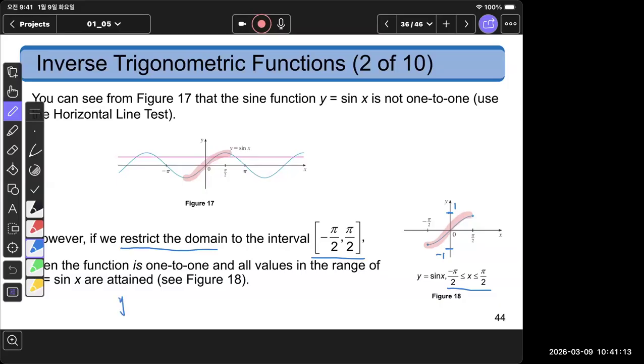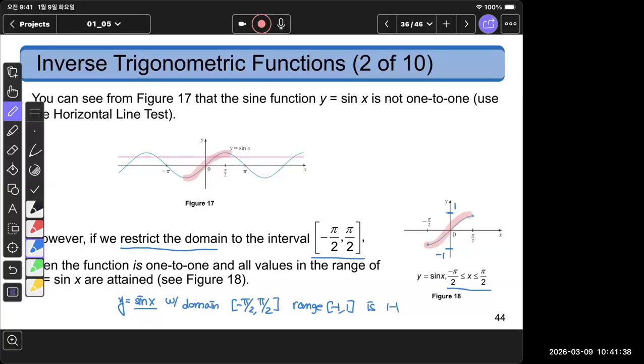So this, with the domain minus half pi to half pi and the range of minus 1 to 1, is one-to-one, right?